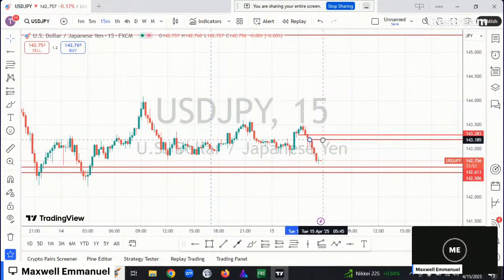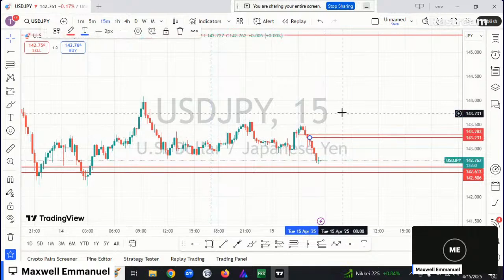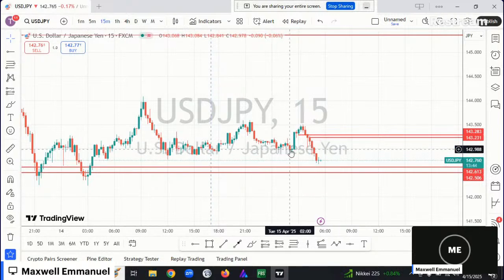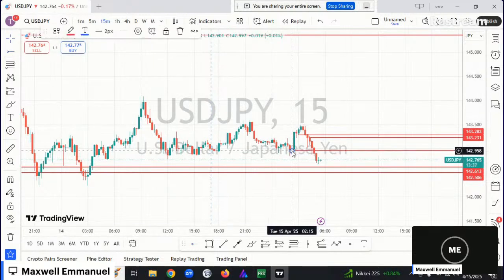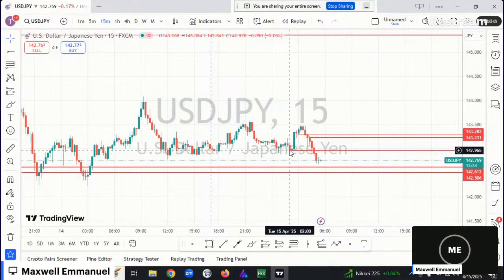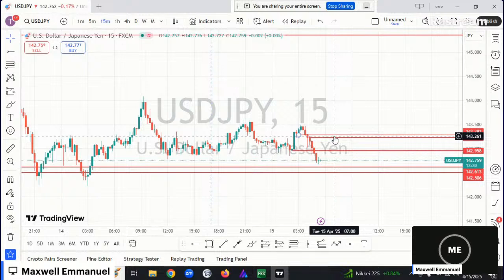Wait for price to pull back and fill this fair value gap, or wait for price to pull back and retest this broken support, now resistance, or wait for price to fill the fair value gap before you go bearish on USD JPY.